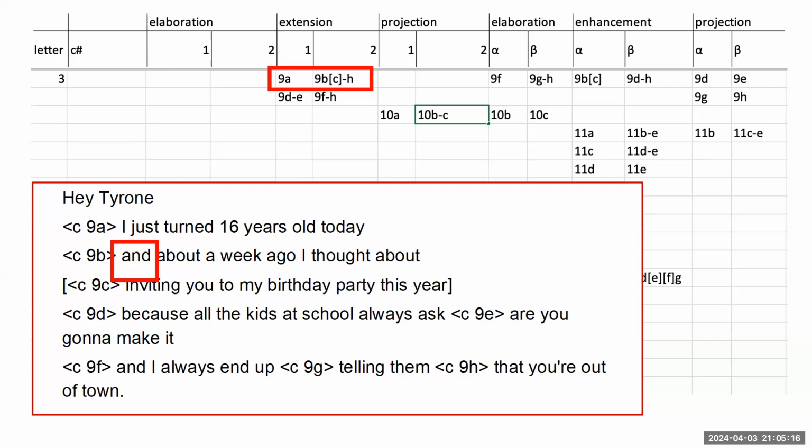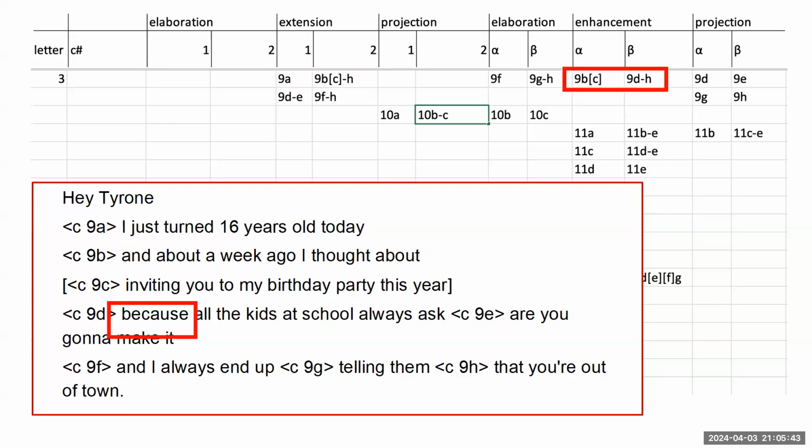Now he's beginning to grow up. 16, he's a teenager. Okay, 9A followed by 9B through H, all right? So all of this, I just turned 16 years old today, and then everything that follows here, basically, up through H.